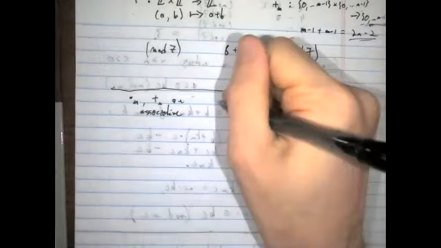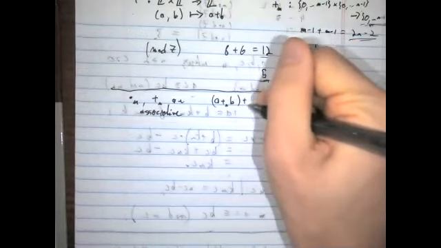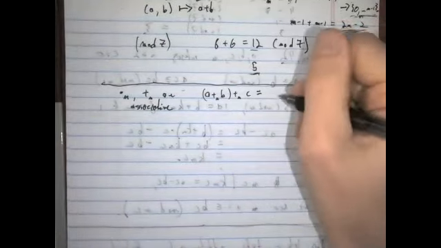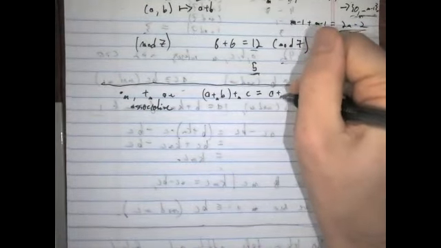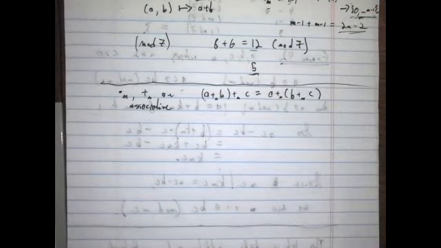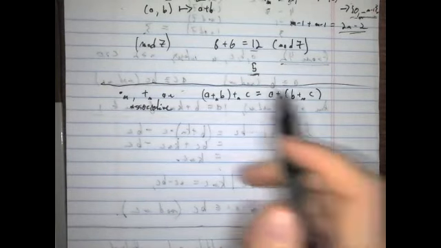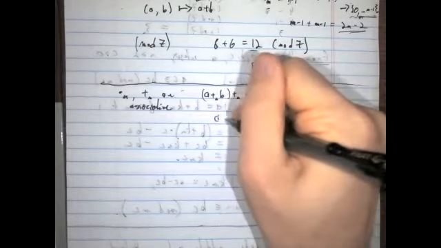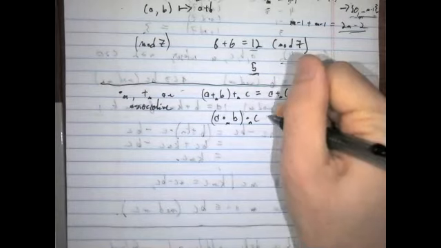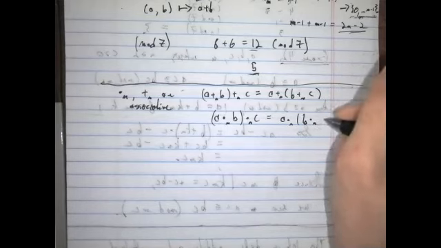In other words, this means a plus m b plus m c is equal to a plus m b plus m c. This is what associativity means for addition in this operation, right? And it's the same thing for multiplication. So a dot m b dot m c is equal to a dot m b dot m c.